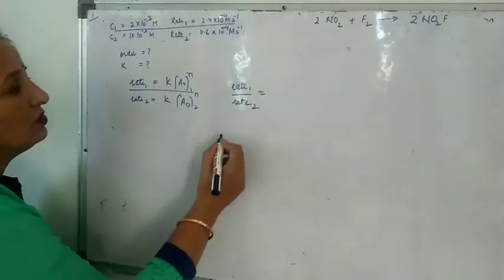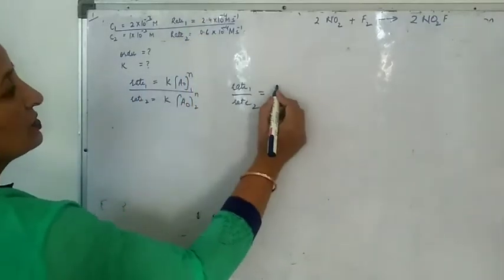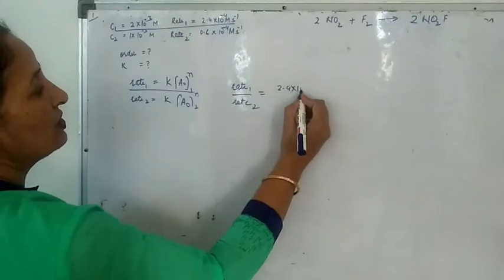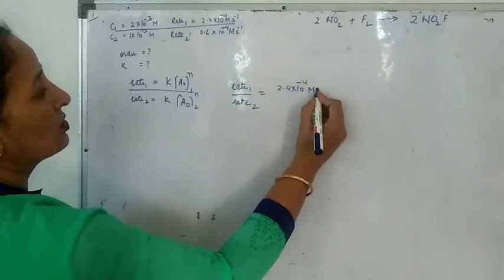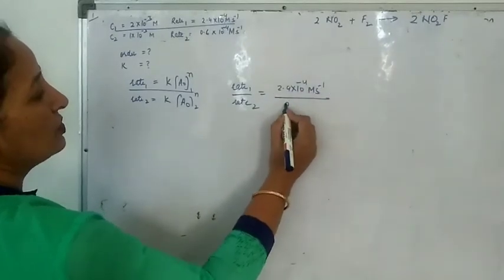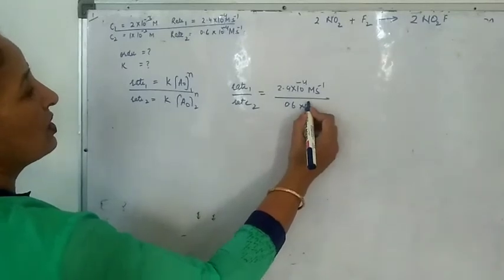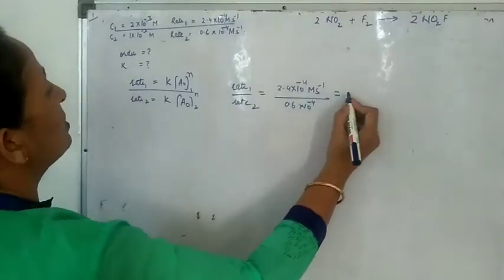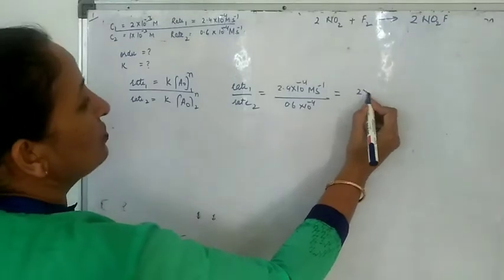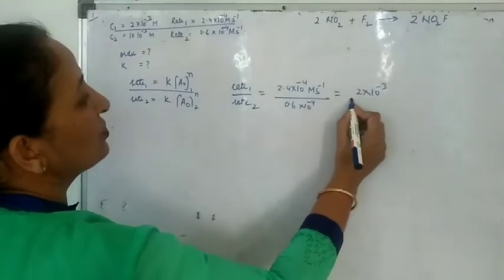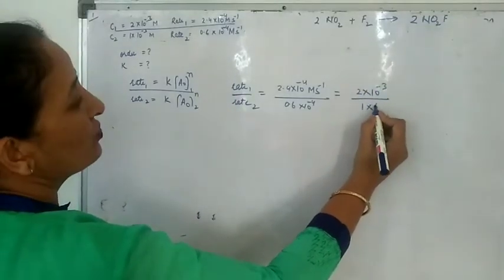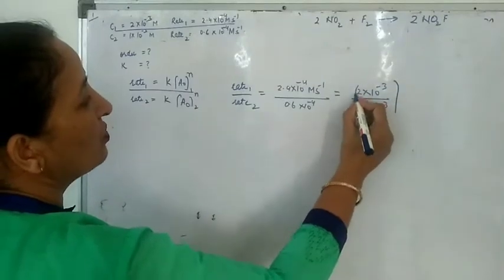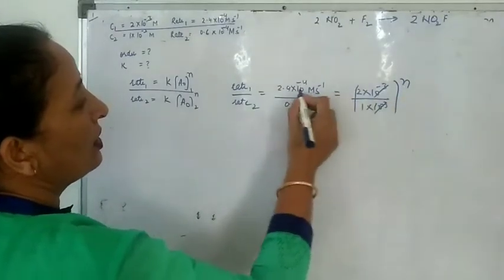is equal to, we put the values, 2.4 into 10 raised to power minus 4 upon 0.6 into 10 raised to power minus 4 is equal to 2 into 10 raised to power minus 3 upon 1 into 10 raised to power minus 3, the whole raised to power n.